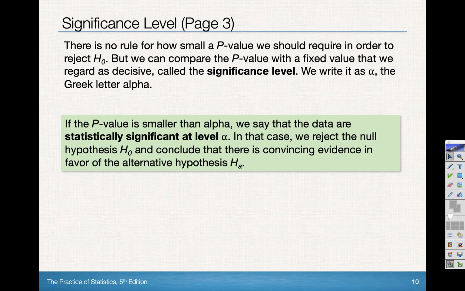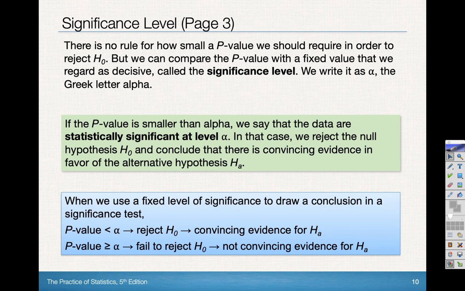If the p-value is smaller than alpha, then the data is statistically significant. If the p-value is smaller than alpha, we're going to reject the null hypothesis. If the p-value is larger than alpha, we're going to fail to reject the null hypothesis. So we're always going to compare a p-value to alpha.